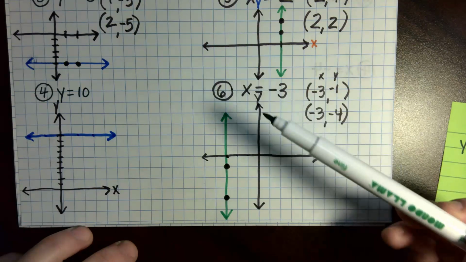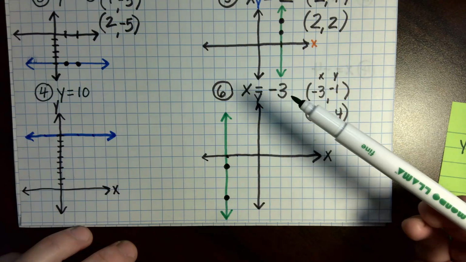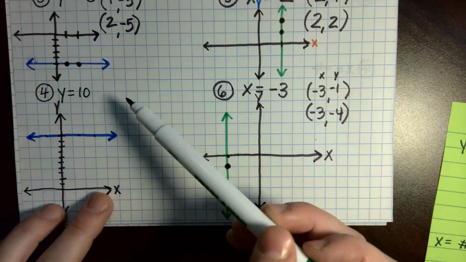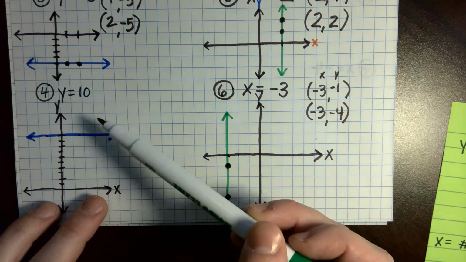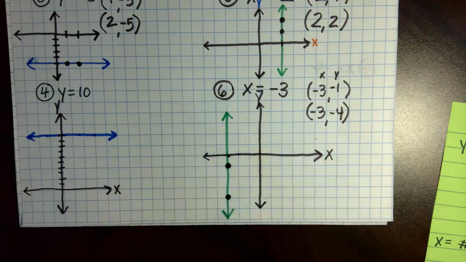That's because we don't have any y here to solve for. We just have an x, okay? If we have y equals, we've got a slope of 0. When we've got x equals, it's undefined. Again, you don't need to know that, just a little FYI.